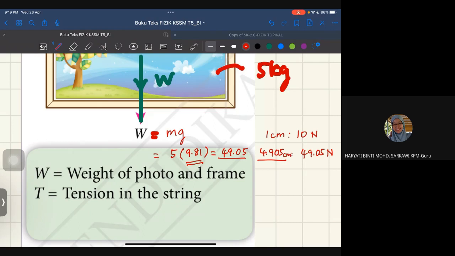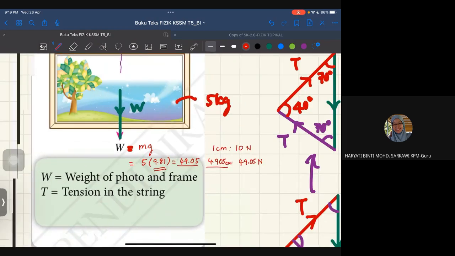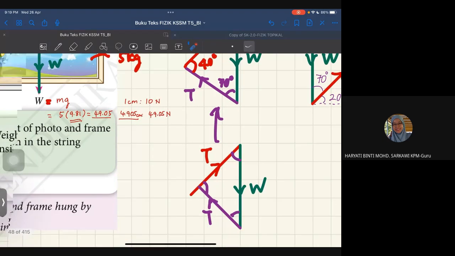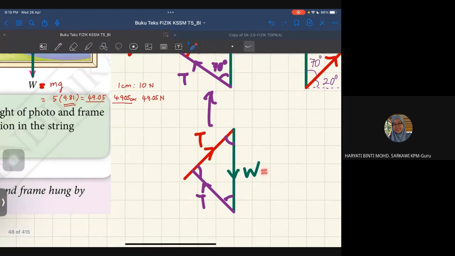So when you draw W, the length should follow the scale that you choose. So this W, the length should be equal to 4.90. Your ruler can only read up to one decimal place, so 4.9. You need to draw your diagram as accurately as possible.